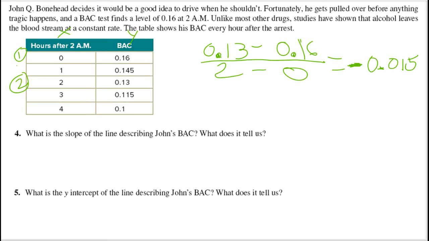So I'm thinking of it as 0.030 divided by 2. I divide that 30 by 2 and I get 15. Okay. But it's in the hundredths and thousandths place. Okay. So what is the slope of the line describing John's blood alcohol content? What does it tell us?